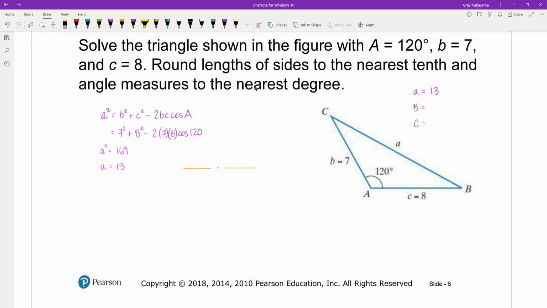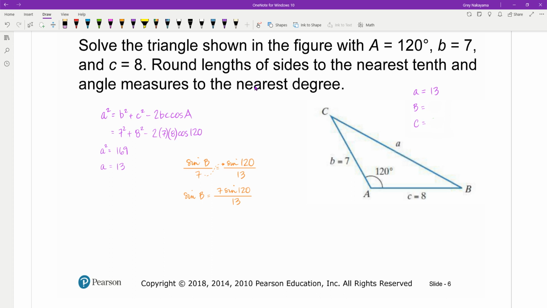It does not matter which one you find first. So I'm looking for the angle, which means I'm going to put the sine of the angle on top. B is across from 7, and the sine of 120 is across from 13. So we talked about this before, moving what's underneath my variable. So my 7 is going to move, and the sine of B is going to be equal to 7 times sine of 120 over 13.